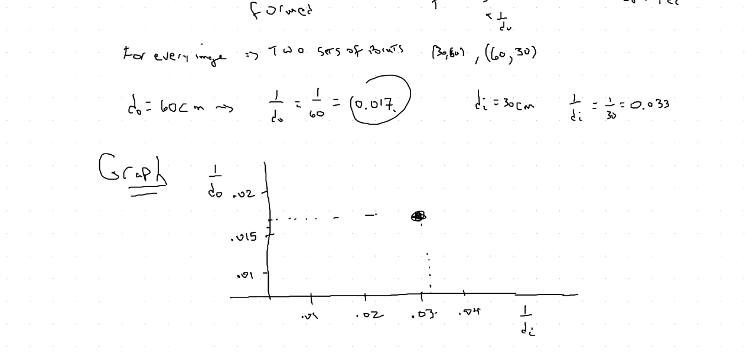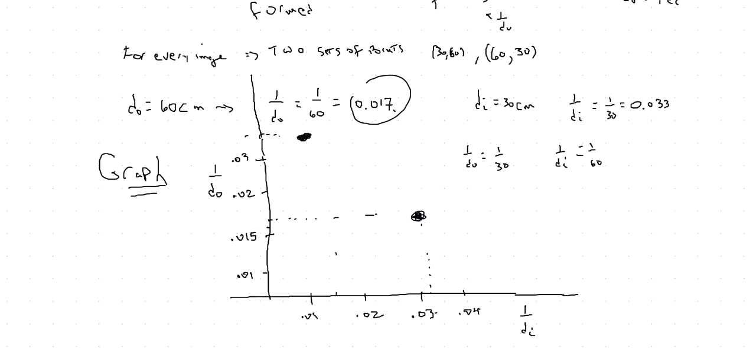Now, remember, we said I can also have 1 over DO equals 1 over 30 and 1 over DI equals 1 over 60. So now 1 over DO is 0.033. Here's 0.03, so 0.033 is somewhere over here. And 1 over 60 is 0.017, so that's somewhere up here. So the other point will be something like this.